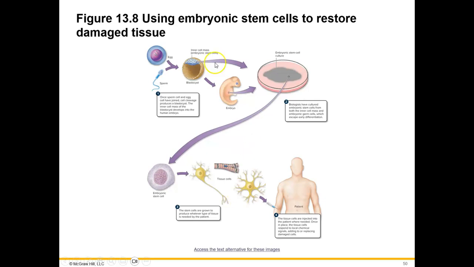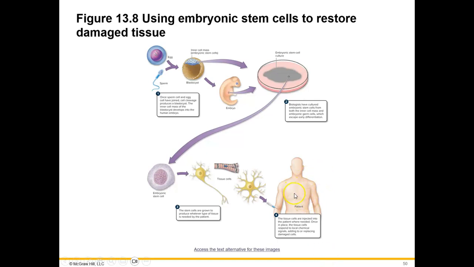Here's how it looks. We'll take a sperm and fertilize an egg. As a result, we're going to end up with this embryonic stem cell mass in our blastocyst. If we leave that blastocyst alone, it goes on to become an embryo. If we instead remove the embryonic stem cells and grow them in culture, then they could potentially be inserted into a patient and help them overcome whatever disease they have.